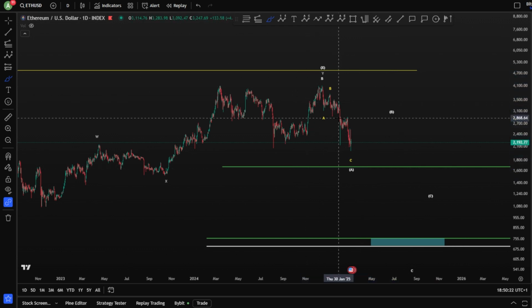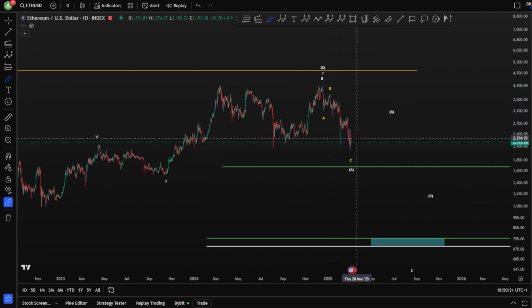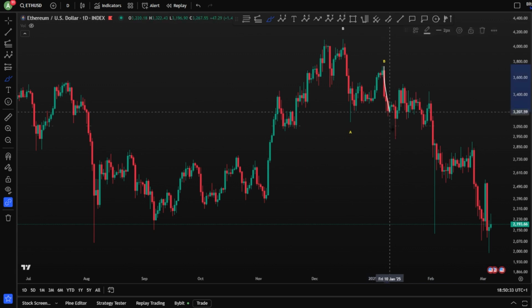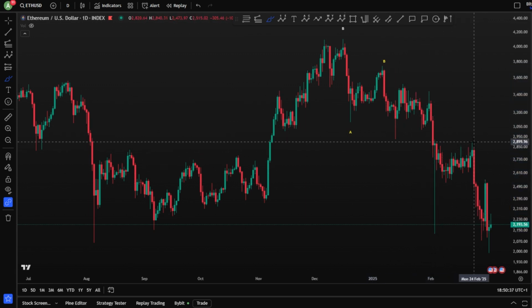Now, as you can see inside this wave here, we have potentially as well an A, B, and a C, where you finish here a big impulse toward the downside. As you can see exactly here, 1, 2, and then 3, 4, and a 5. Your wave 4 did not interfere with your zone 1, very nice.